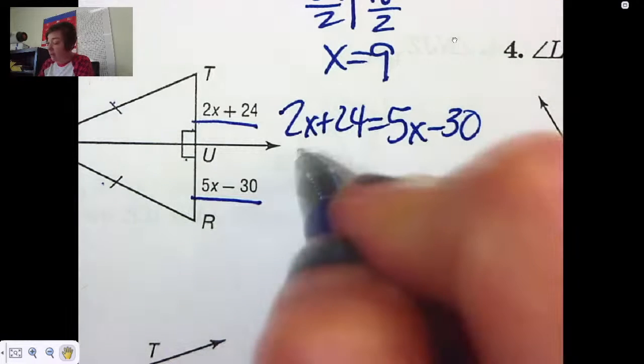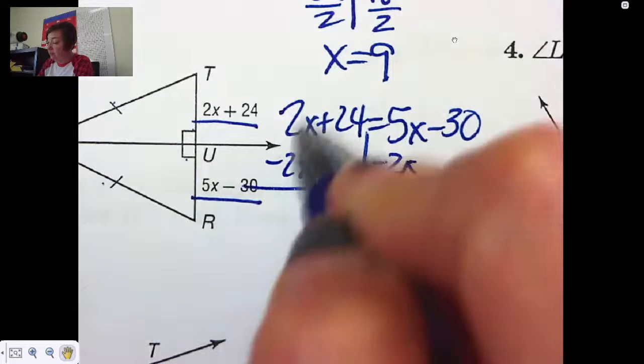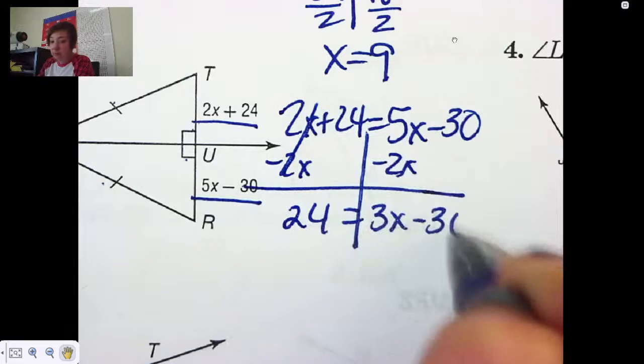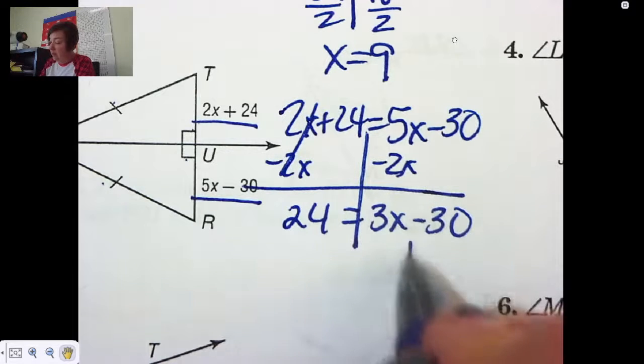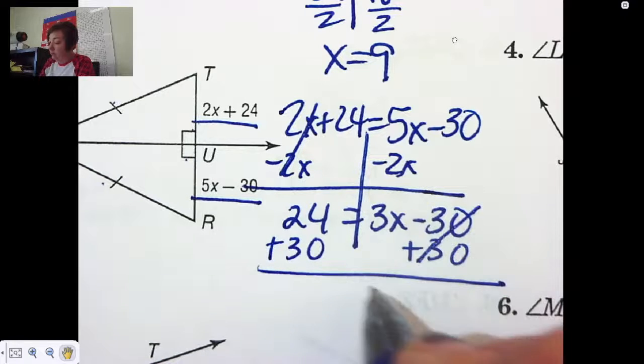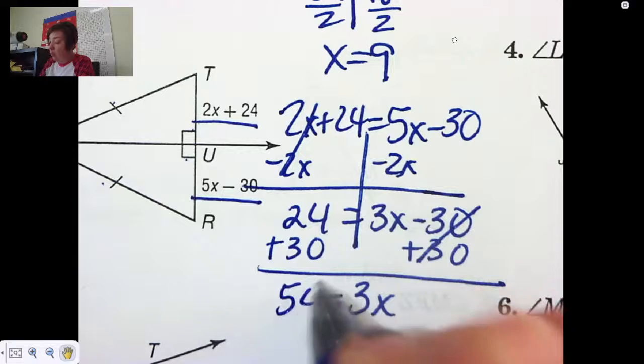So we're going to subtract 2x from both sides. Add 30 to both sides. So 3x equals 54.